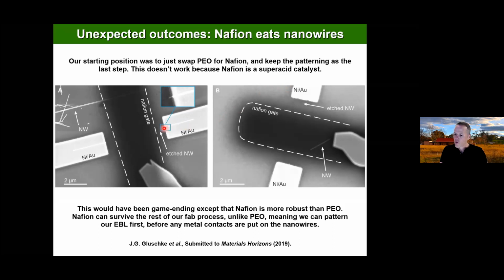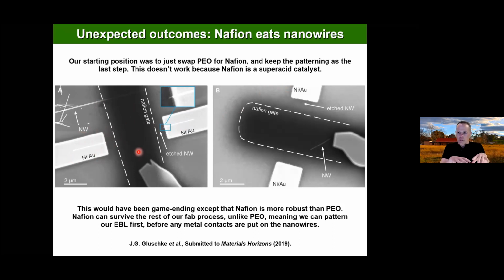For nanowires that are connected to metals, you get a sort of metal-assisted etching, but even nanowires that are not connected to metals, over time you get a sort of erosion or acidic degradation of your nanowire inside that Nafion material. And it was particularly bad if we had contacts deposited onto the nanowires before we put the Nafion gate in.